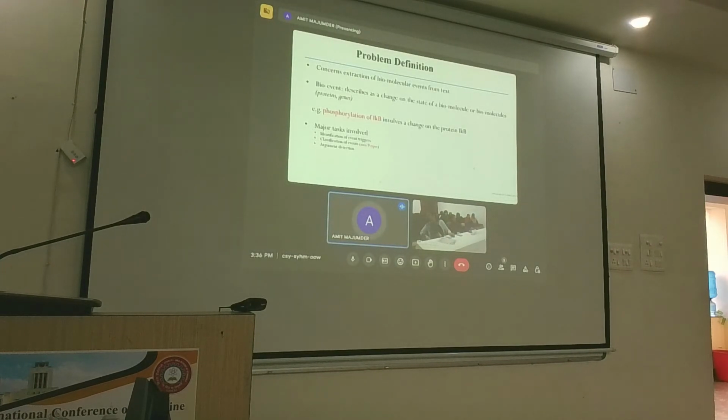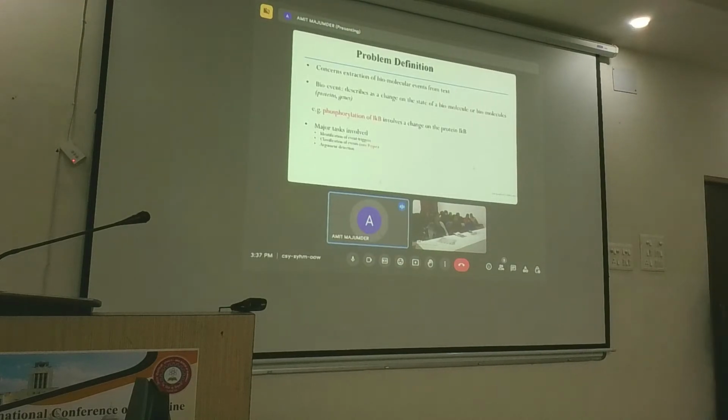The articles related to the medical domain are published on the internet in PubMed and PubMed Central. So these are the two databases which contain a huge number of resources in terms of articles in the biomedical domain.